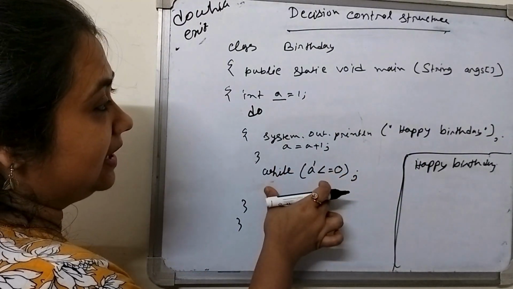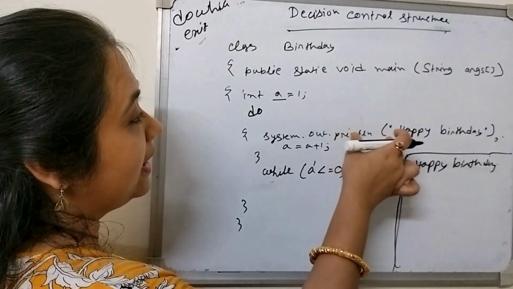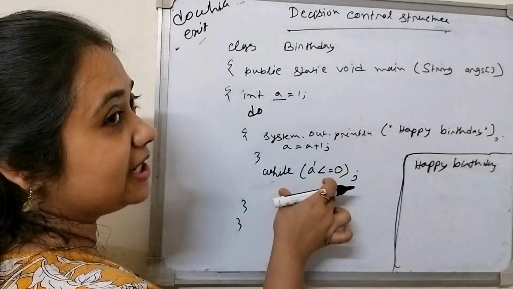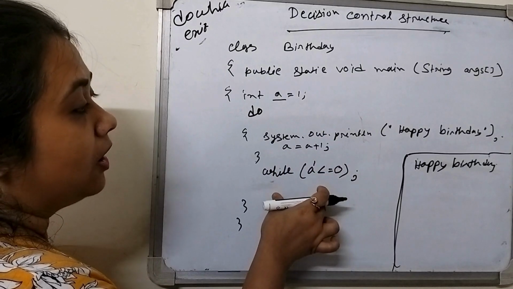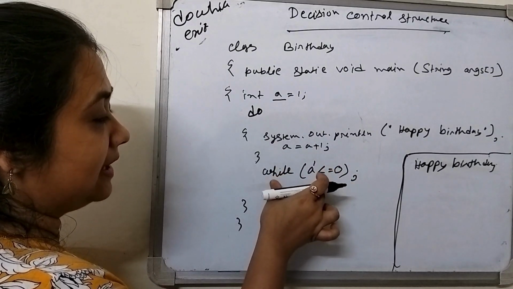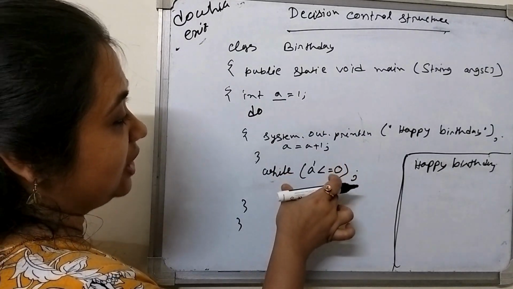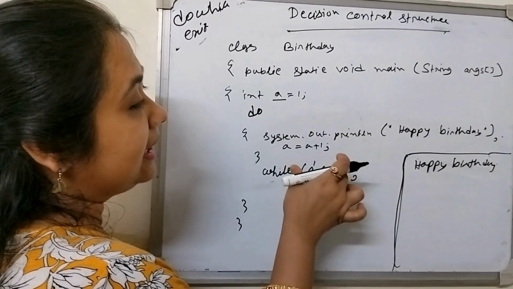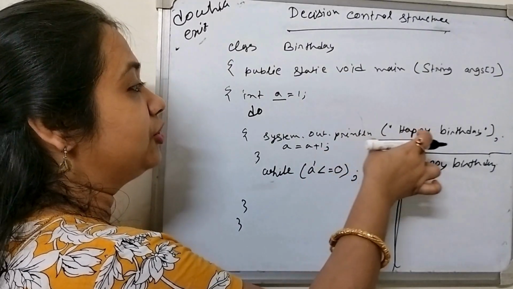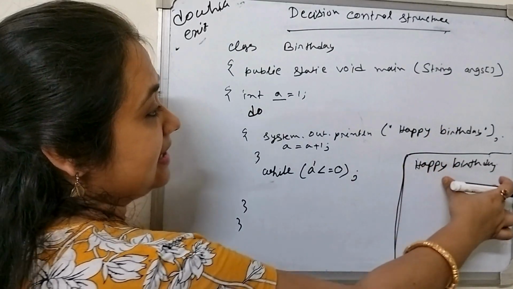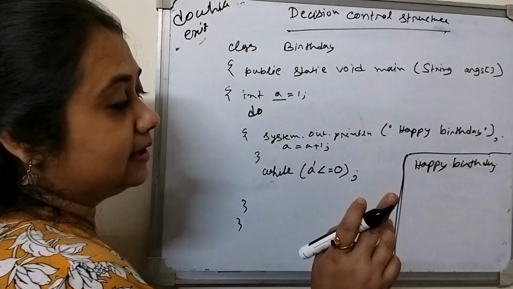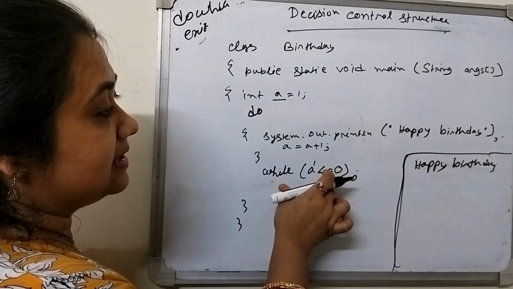First it will print or execute the program, then it will check the condition. So it checks the condition at the exit of the program. So if the condition is wrong, it will still execute the program one time. So here in this case happy birthday will be printed one time, though the condition is not satisfied.